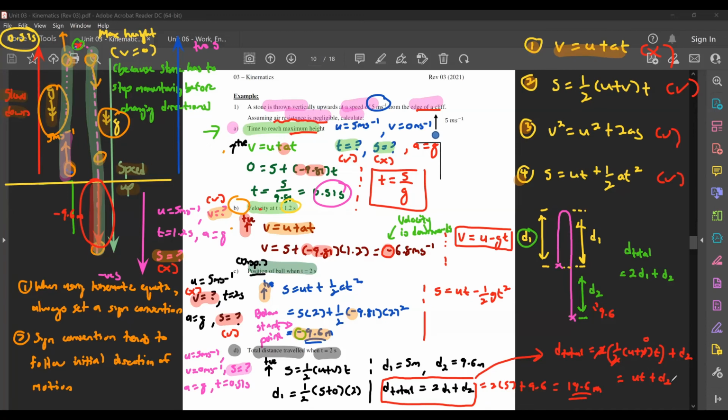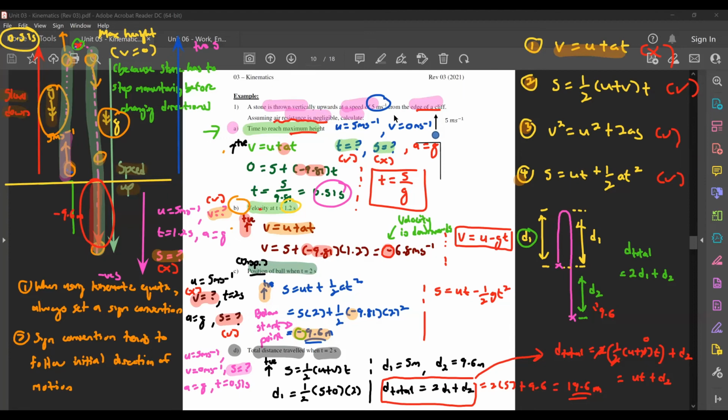Okay, so this is what you can see from here, right? This one is a simple example to show you how we use kinematics, but this one, you see, is straight line motion. It's just a motion along a straight line. Now, in some of your EJU questions later on, you will notice that your object is moving, but not exactly in a straight line. It is actually moving in a curve. So when it comes to something that moves in a curve, you will also make use of kinematics equations.